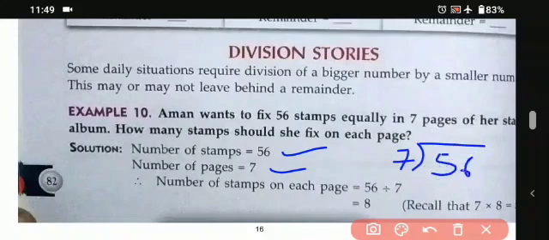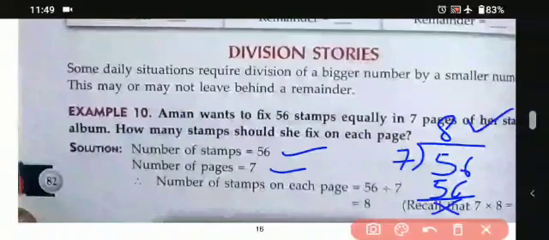Okay students, so when we divide it, 7 8s are 56. So 8 is written here and 56 is written here. Okay students, so we get no remainder, and the answer we get is 8. So this is what the sum is all about.